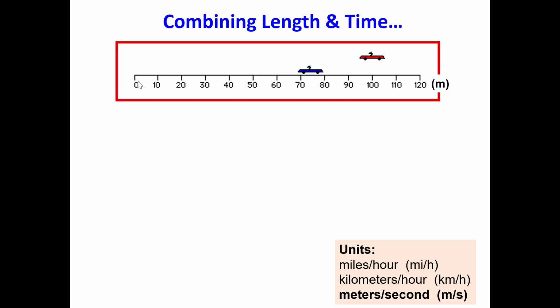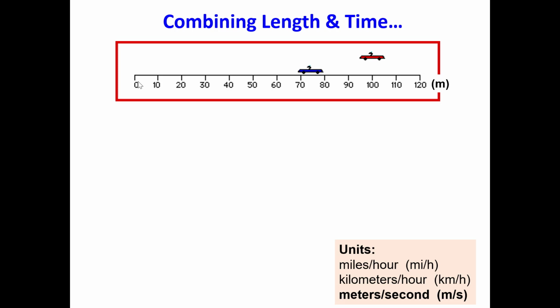Now we need to use one more variable to compare the motion of these two cars. This new variable is a combination of length and time. What we can say is that the red car was faster. How do we know the red car was faster?